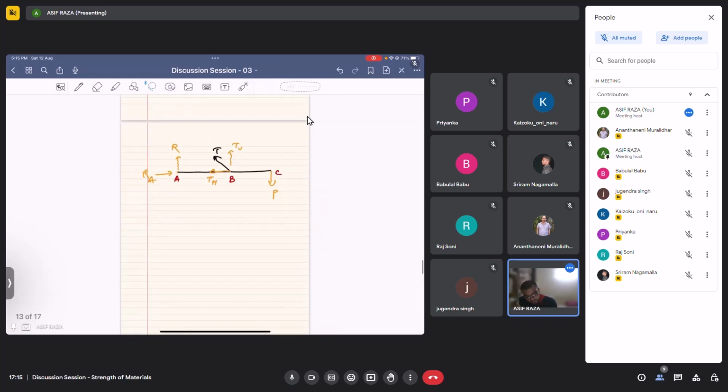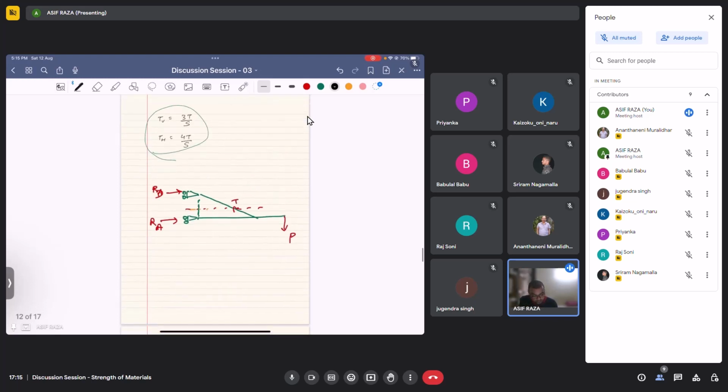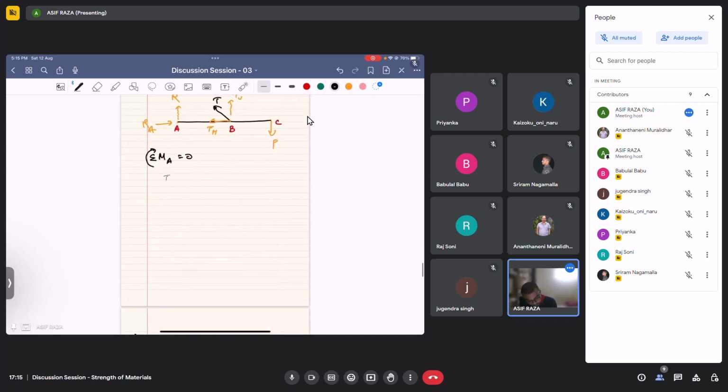So moment about A equal to 0. If I take moment about A, RA and TH would be gone. There won't be any effect. Only TV and P would have effects.